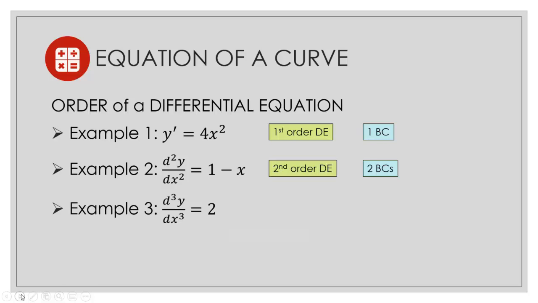Last example. Let's say we are given the third derivative of y with respect to x equals 2. Since the highest order derivative appearing in this equation is the third derivative of y with respect to x, then what we have is a third order differential equation, and we need three boundary conditions for us to define a particular solution of this differential equation.